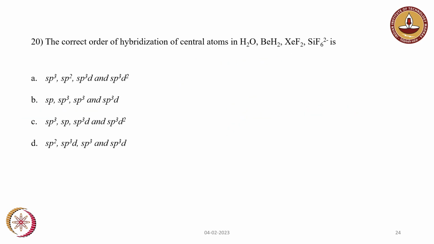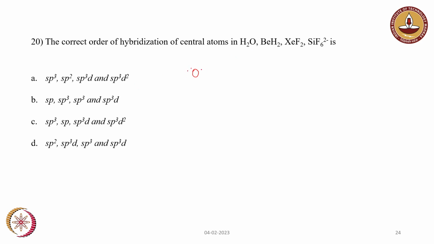And the next question is the correct order of hybridization of central atoms in H2O, BeH2, XeF2, SiF6 2-. The options are sp3, sp, sp3d, and sp3d2. For H2O, oxygen is the central atom.